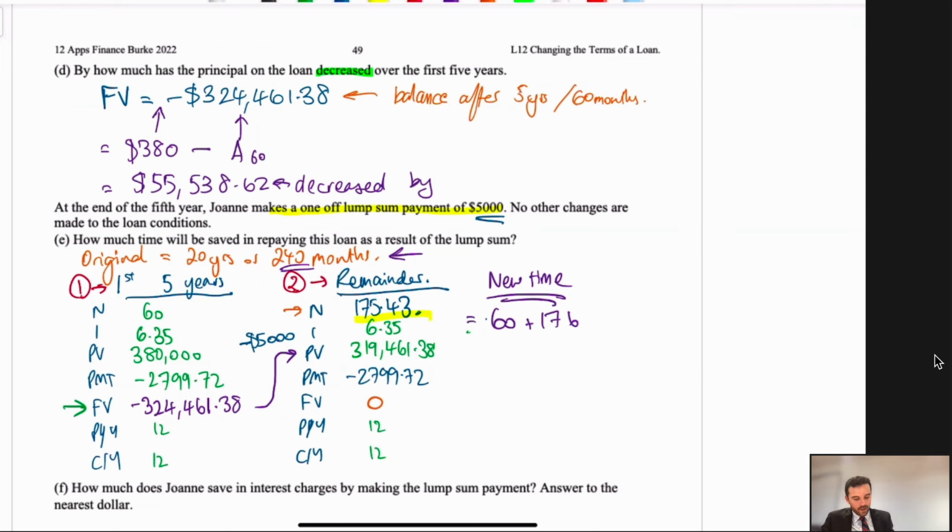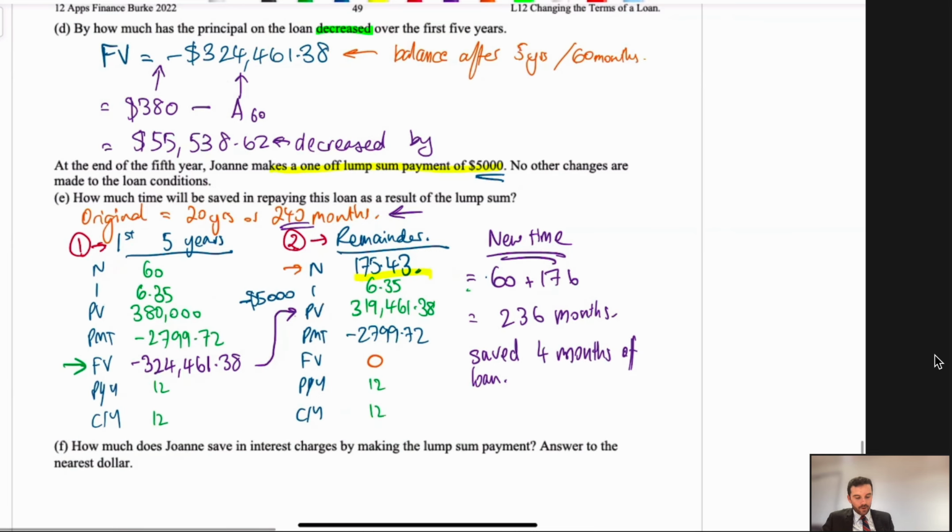So overall, our new time is going to be 236 months. What's the difference? Simply putting in $5,000 5 years in has saved 4 months in time off this loan. Okay. So we figured out how much time will be saved, 4 months.